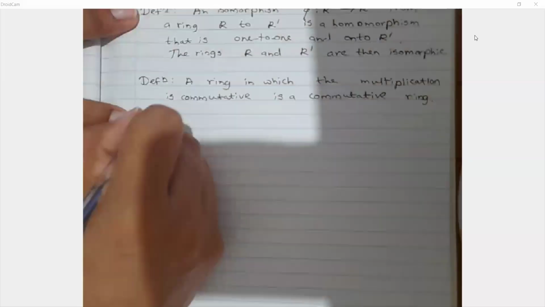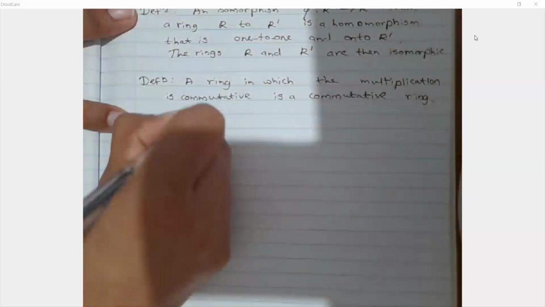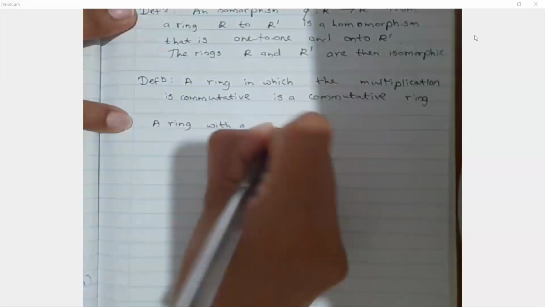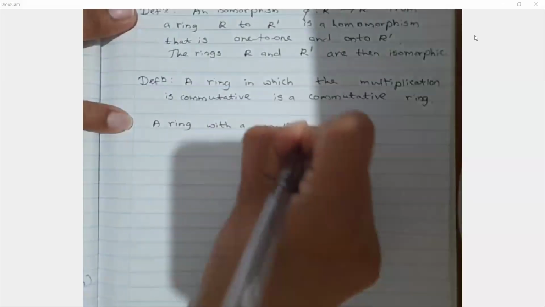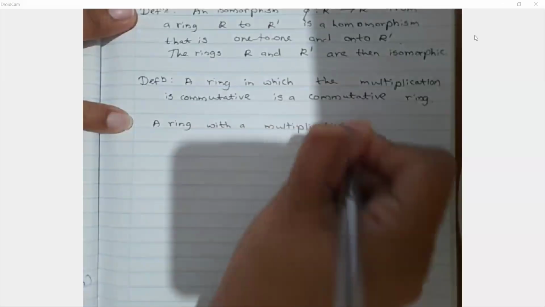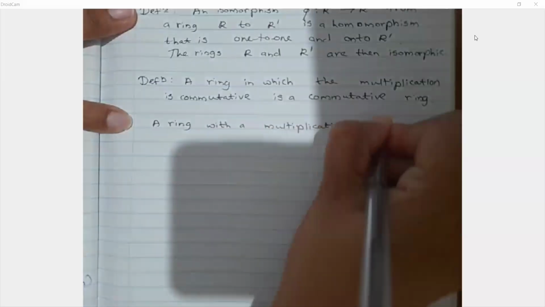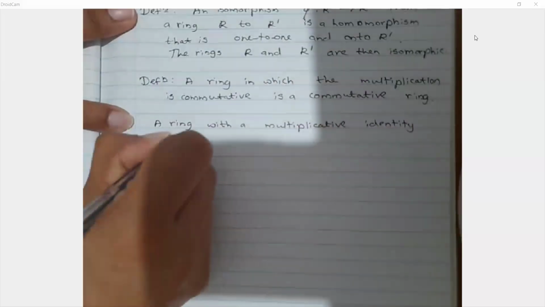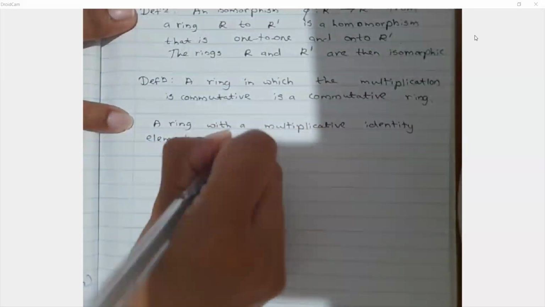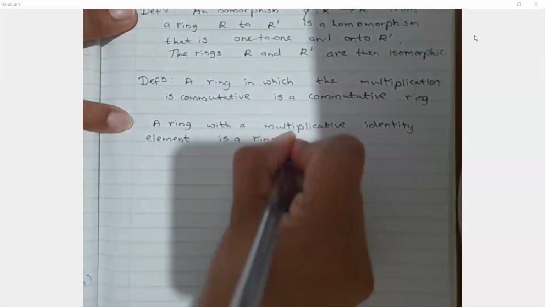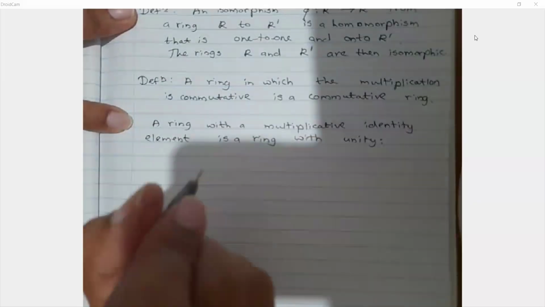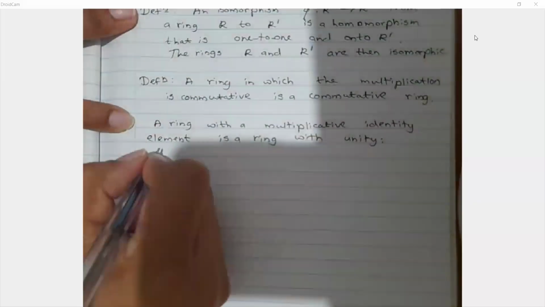So let me write: a ring with multiplicative identity element is a ring with unity, and this is what we call the multiplicative identity.